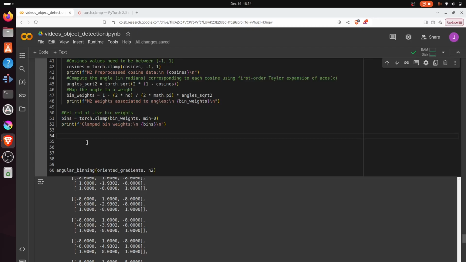To do that, we just need to scale the gradients of our image by the bin weights. So return norms times bins.